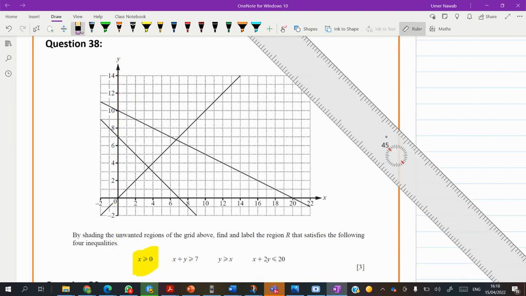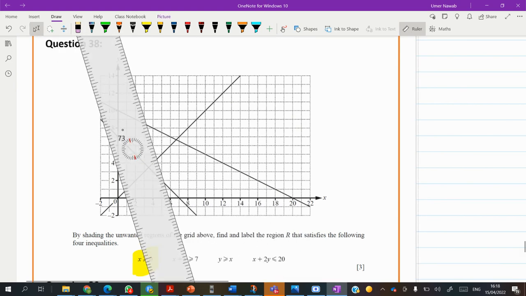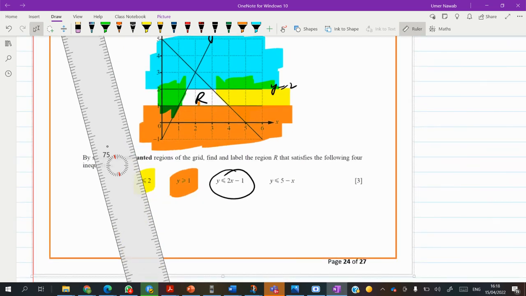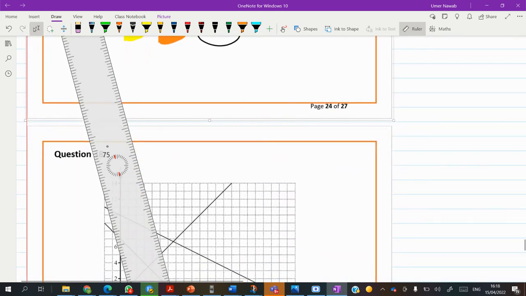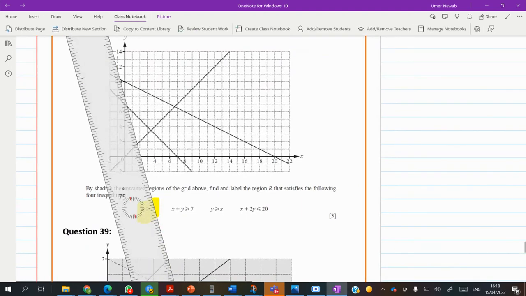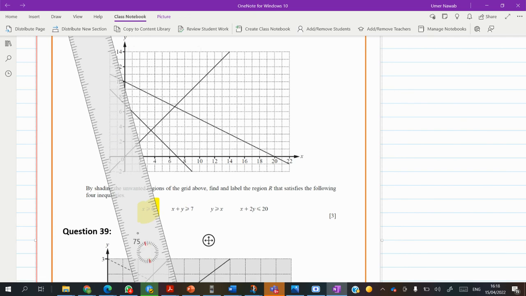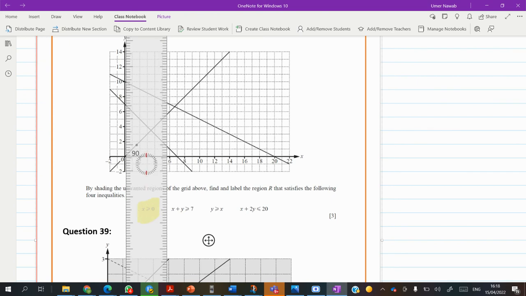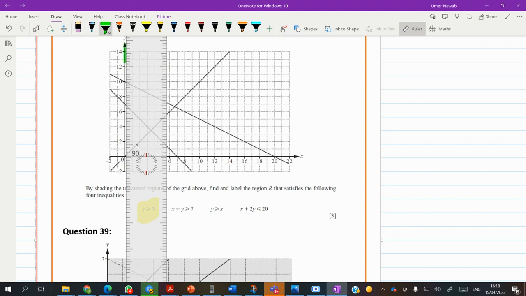So I'm going to place my ruler here, and then shade the left hand side. Then x plus y is equal to 7.